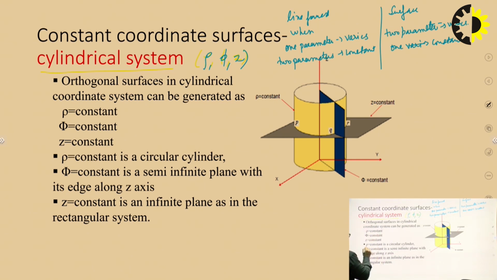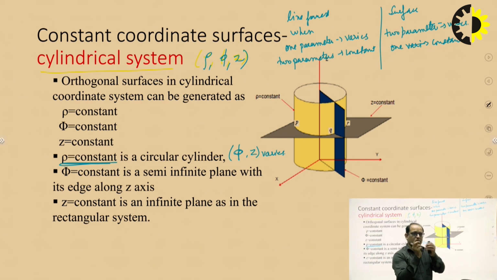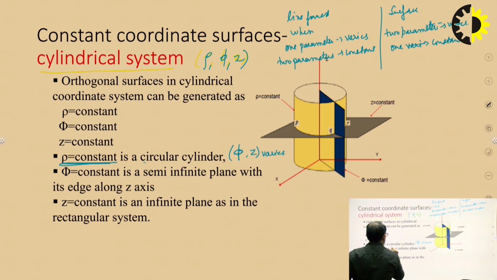Now if rho is constant, and phi and z vary, then a circular cylinder will form.